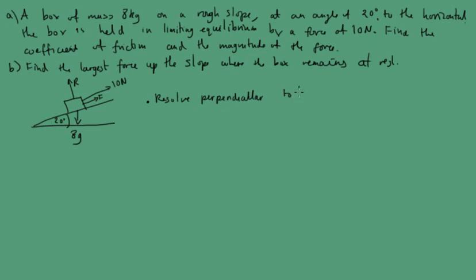To the slope. So that would be our, think about, R is perpendicular to the slope. And we have our mg here.